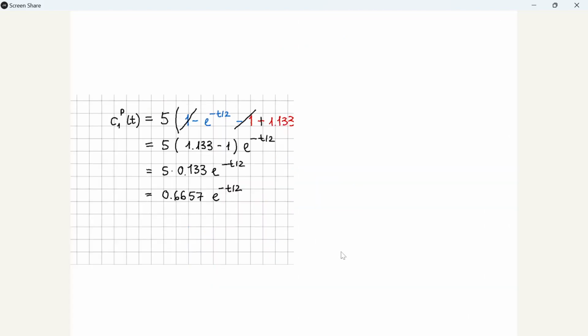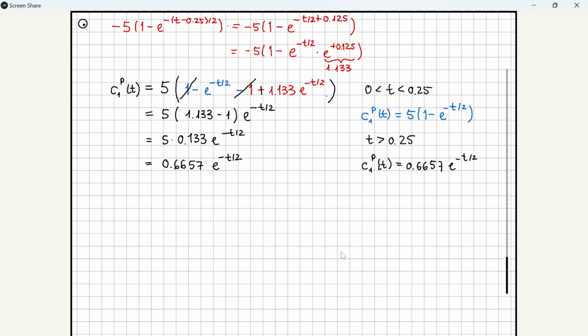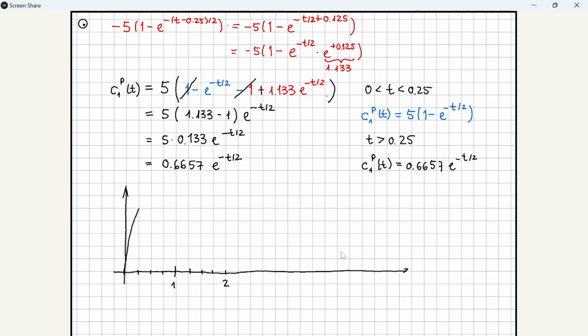And so what does this mean? It means we go up for the first bit very quickly because our final value is 5, but we only reach a value that is much smaller, roughly 0.5.